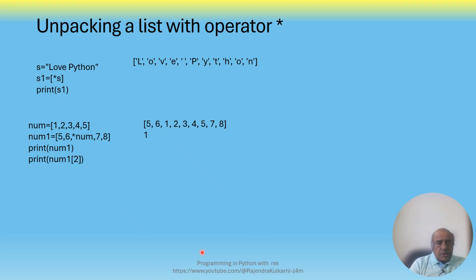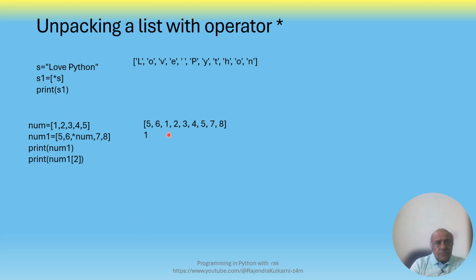Now what we understand from this is, when an unpacked list is embedded in another list, the contents occupy the position at the index at which we have embedded the new list and unpacked it.